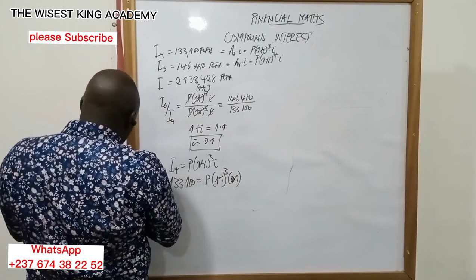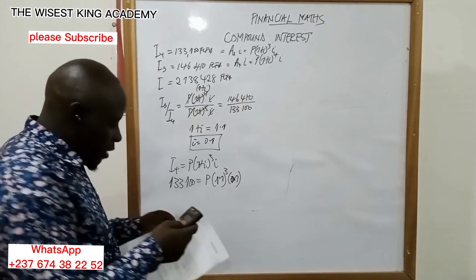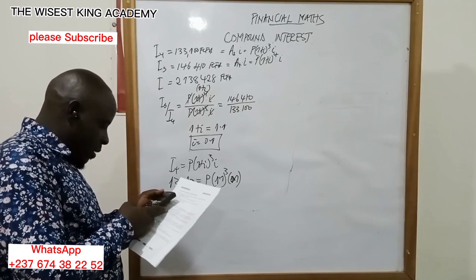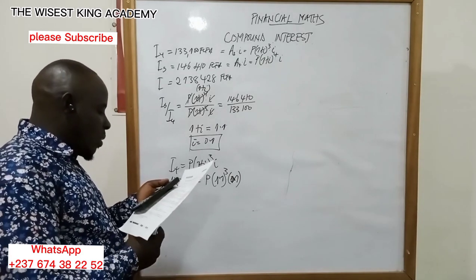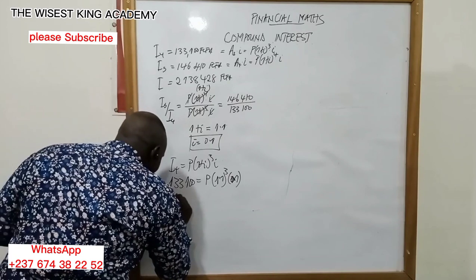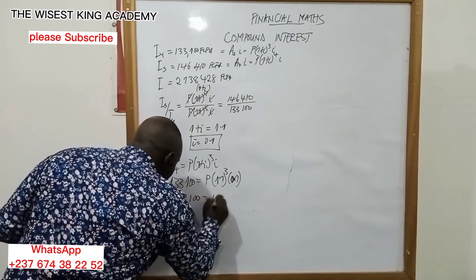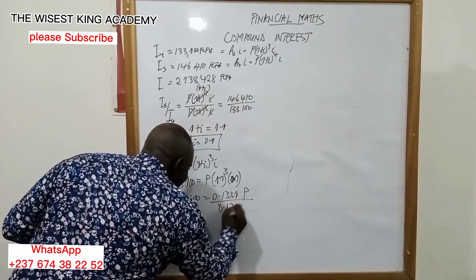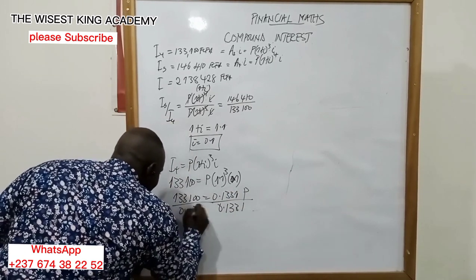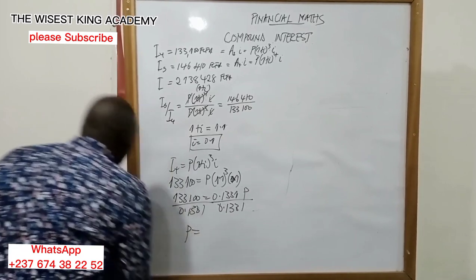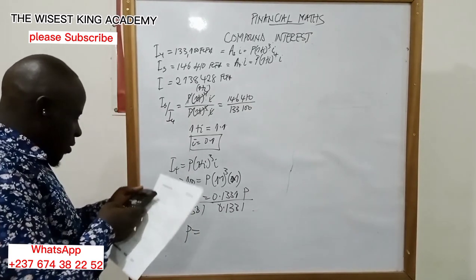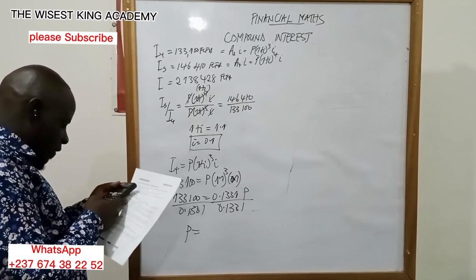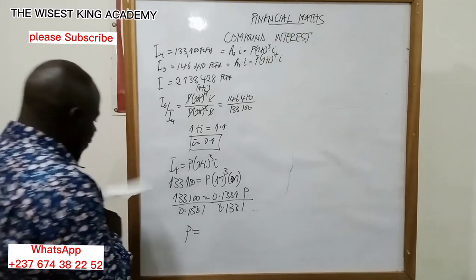So let's take 1.1 raised to the power 3 times 0.1. That's 0.1331. So 133,100 will be equal to 0.1331 P. So we divide both sides by 0.1331, P will be equal to, I'm sure, 1 million. So if I take 133,100 divided by my answer, 1 million francs CFA.